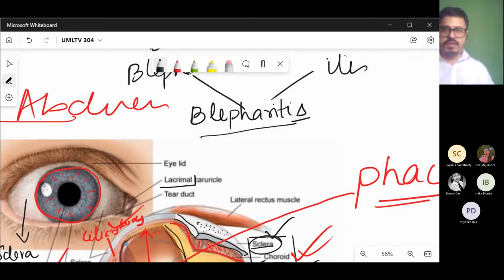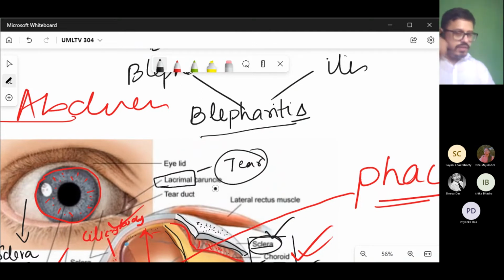This lacrimal refers to the tear. Now the tear, you know what a tear is, right? Kanna osru. This tear is produced by a gland called the tear gland.